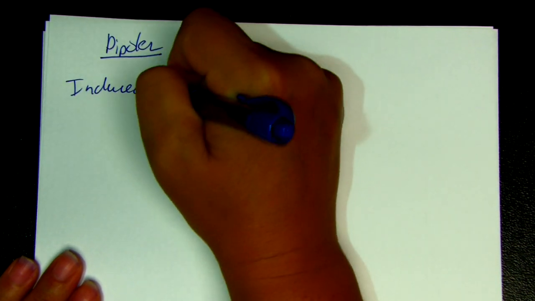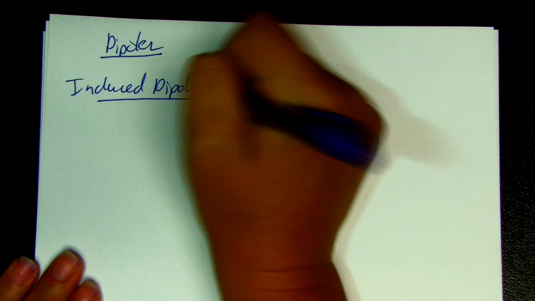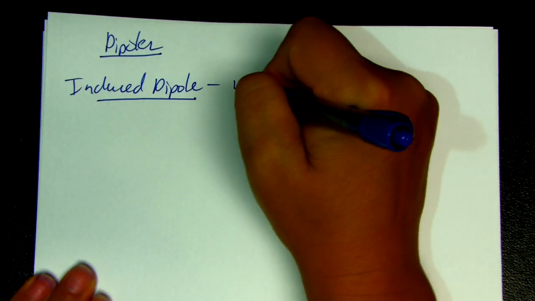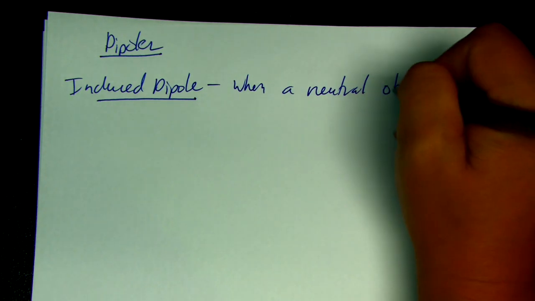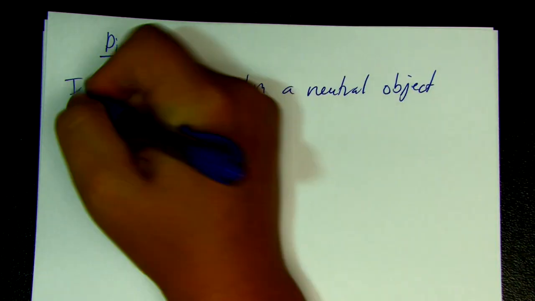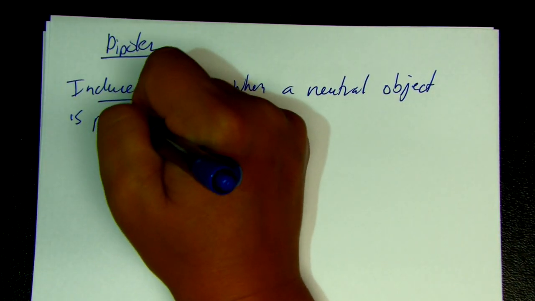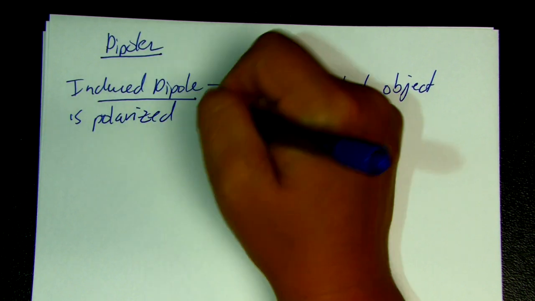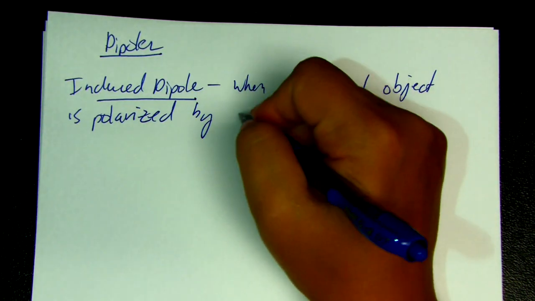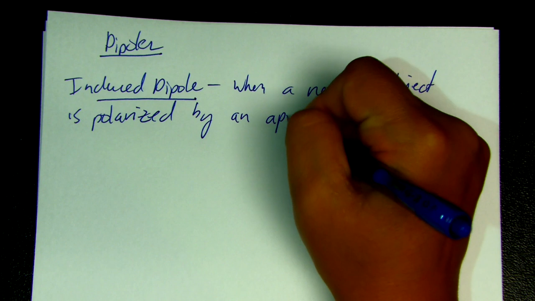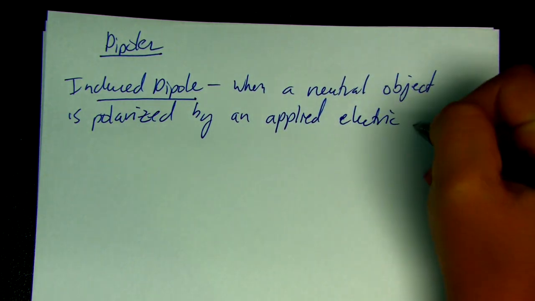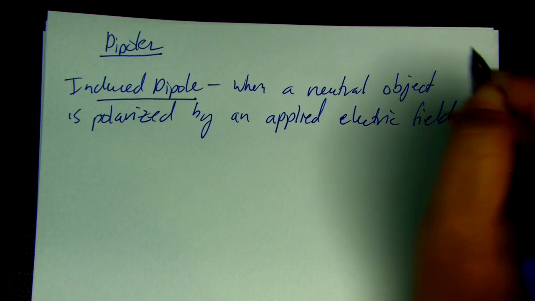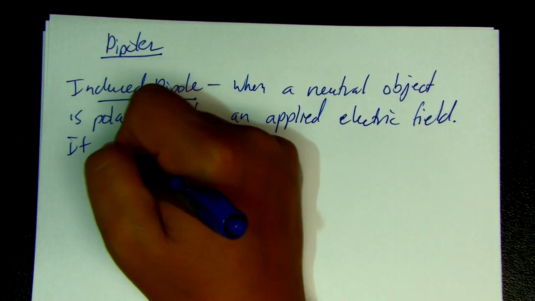So you have an induced dipole. This occurs when a neutral object is polarized by an applied electric field, and it will go away when the field is removed.